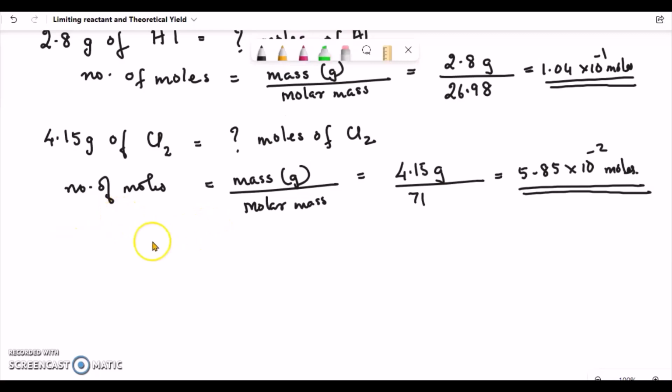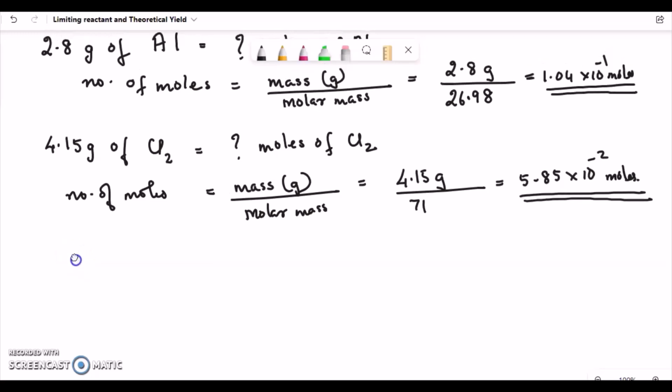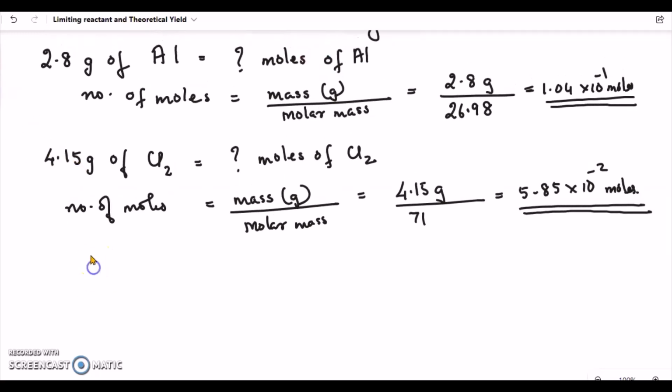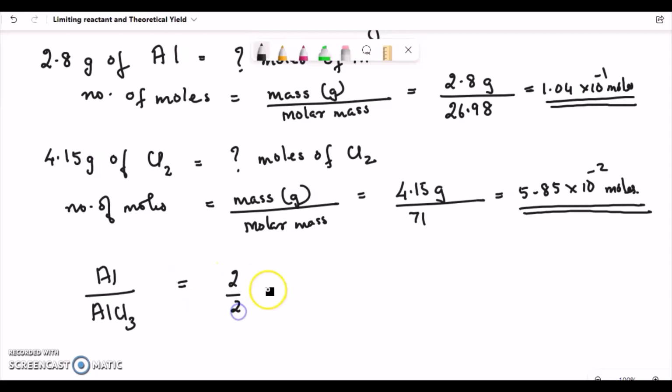According to the mole ratio in the balanced equation, the mole ratio between aluminium and aluminium chloride is 2:2. So 2 moles of aluminium will produce 2 moles of AlCl3.